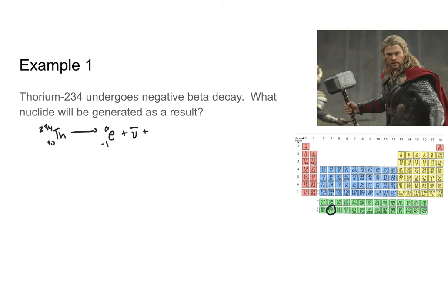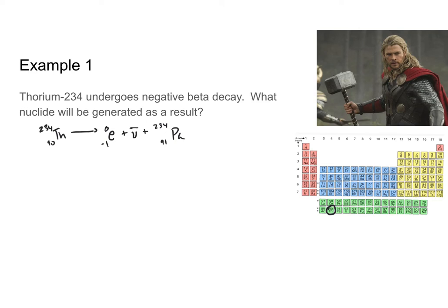Now I just have to balance the top and the bottom of my equation. So our mass is going to stay the same at 234, but we're going to have element number 91, which is Pa, otherwise known as protactinium. So we're going to have protactinium-234 get generated as a result, so that our subscripts add up to 90, because 91 minus 1 is, of course, 90.